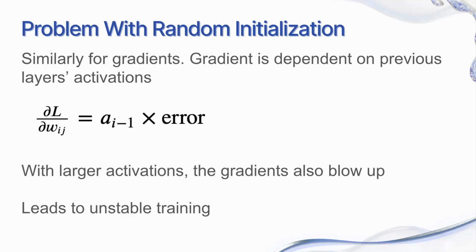which is how you update your gradient. Your gradient depends on the previous layer's activation. You can write it as some form a^(i-1), where i is the index of the layer, so you can imagine it depends on the previous layer's activation times an error term.